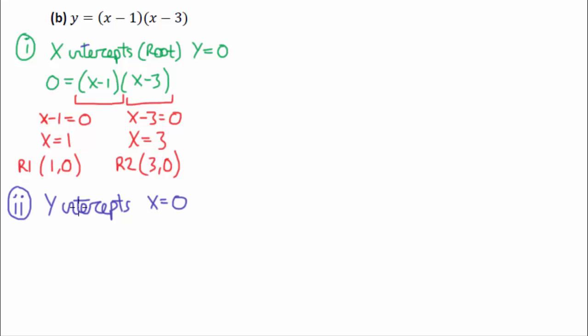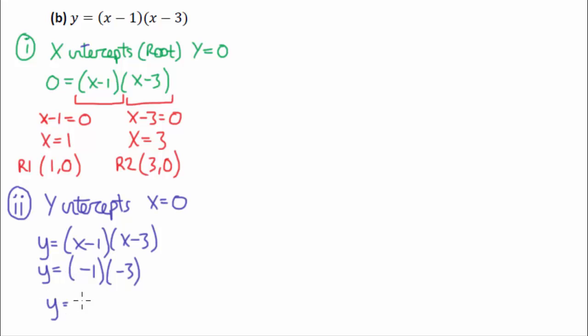So we just rewrite this out, but this time, in fact I'll just rewrite it from the very start. y equals x minus 1, x minus 3. We want to know what value y takes when x equals 0, so that's 0 minus 1 is minus 1, 0 minus 3 is minus 3, and they're multiplied together, so y equals minus 1 times minus 3.